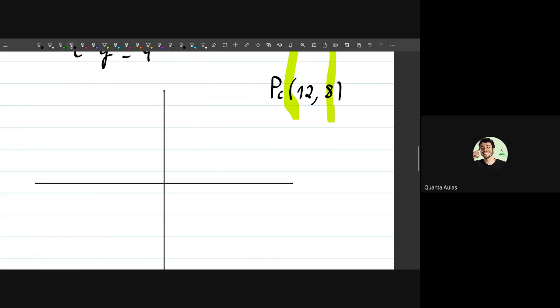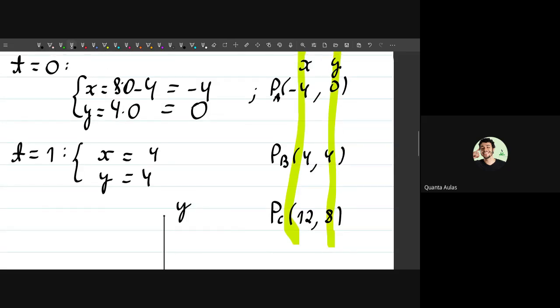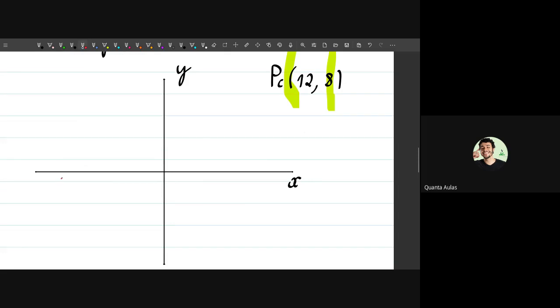Okay, so here is y, here is x, and here are the points. -4, 0. This will be the head point. -4 for x, and y is 0. So here is the point, because here is the 0.